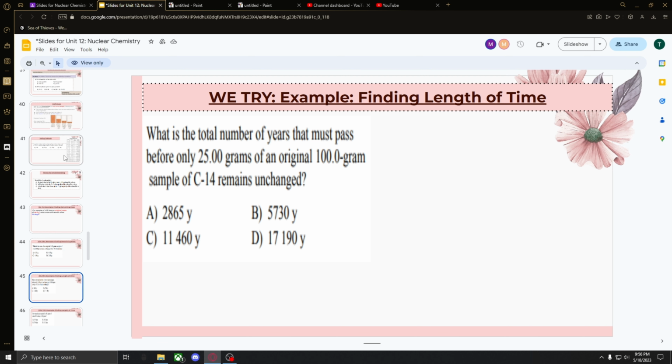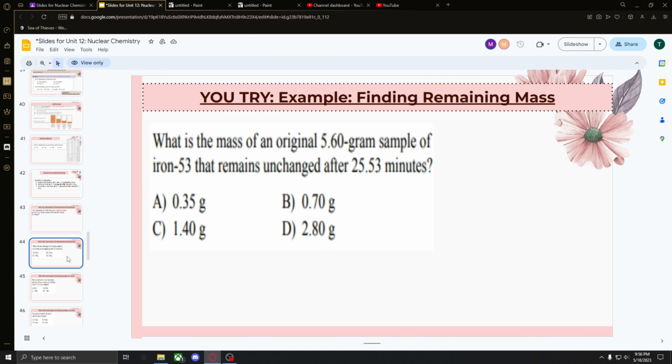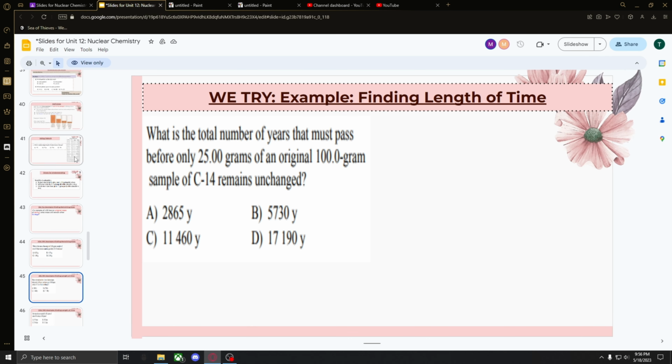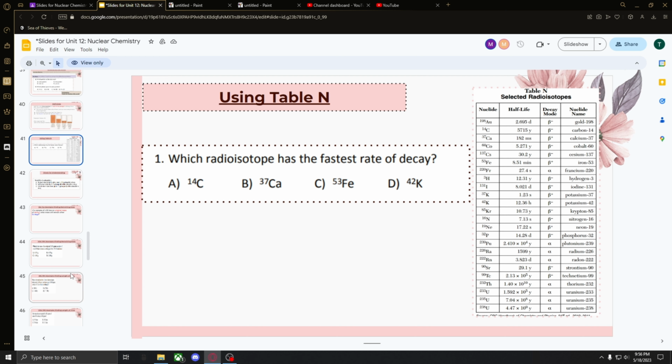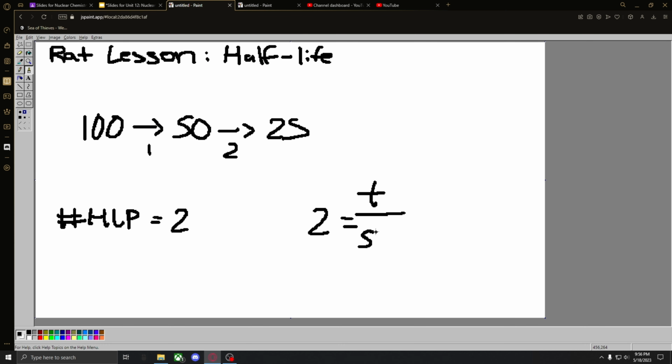Now we use Table N to look for our half-life. The half-life for C-14 is 5,715 years. So we're trying to solve for time now. We have 2 is equal to time over 5,715.